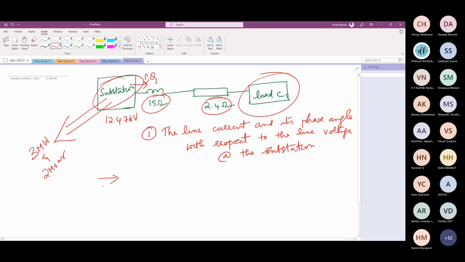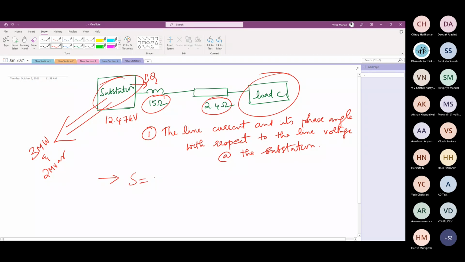If I know the apparent power delivered through the line to the load, I have already obtained the measurements of active and reactive power, so I will get S. Then to find the line current, I have the voltage at the input side, 12.47 kV. So from the apparent power, I can find the current.